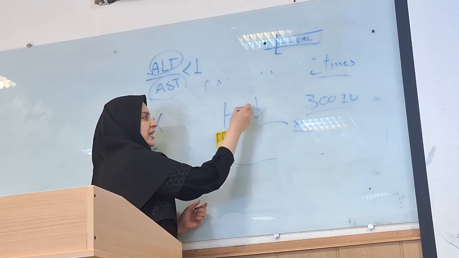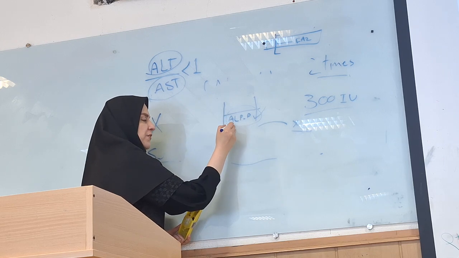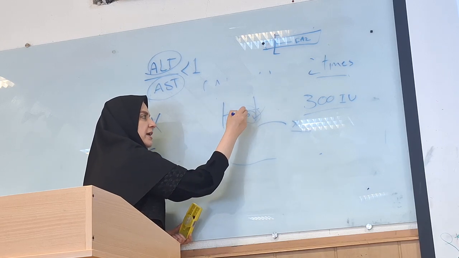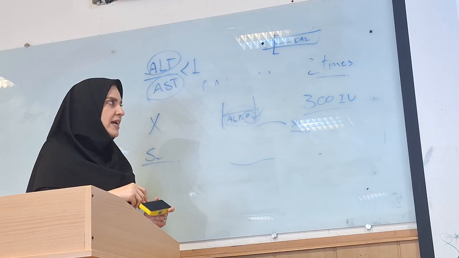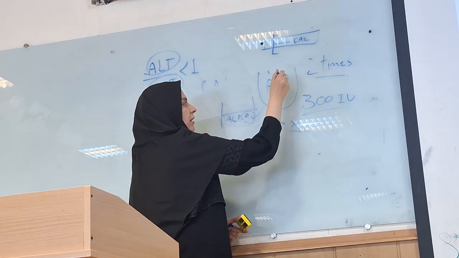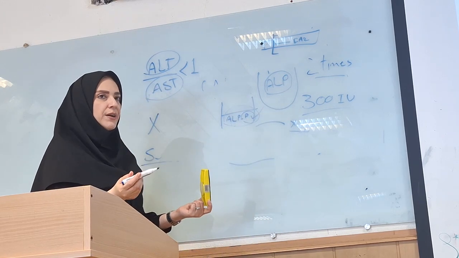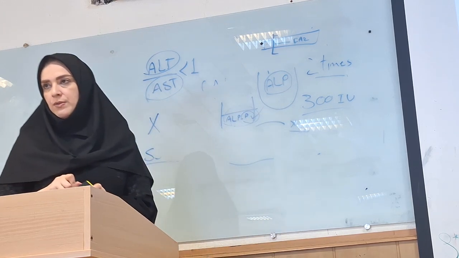So the activity is exactly related to the alkaline phosphatase that originated from the placenta. But today we have an overall measurement of the alkaline phosphatase, and we cannot guess whether the origin is bone, liver, placenta, or other tissues.